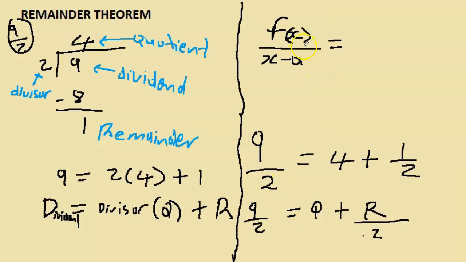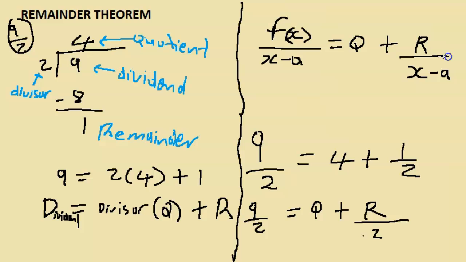So in the same way, you divide a function f of x by x minus a, which is the divisor. What you get is a quotient, now I write q of x, just keep it as q. You have a quotient plus the remainder over the divisor. In this case it was 2, in this case it is x minus a.